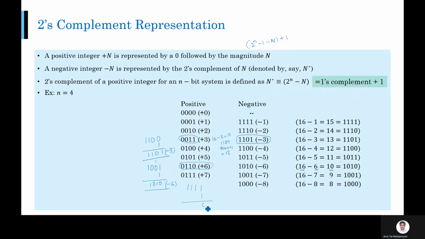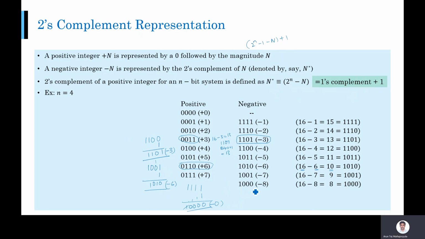What will you get? 0, 1 carry, 0, 1 carry, 0, 1 carry, 0, 1 carry out. You have only 4-bit representation, so this is not anyway used. So you have again 0, 0, 0, 0. So same combination. So minus 0 and plus 0 are being represented by the same bit combination of 0, 0, 0, 0. Therefore, I need not waste 1 bit combination. Okay. Let us look at this combination then.